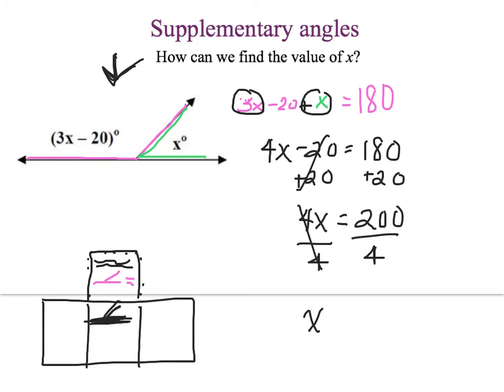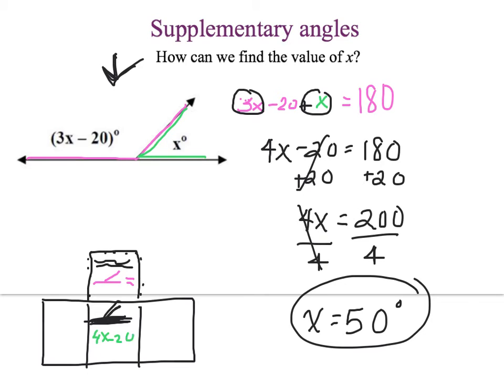And I get x equals 50, or 50 degrees. So right now you should have this example written and solved on this bottom part of your foldable. At any time, remember to press pause, or you can rewind to hear something again.